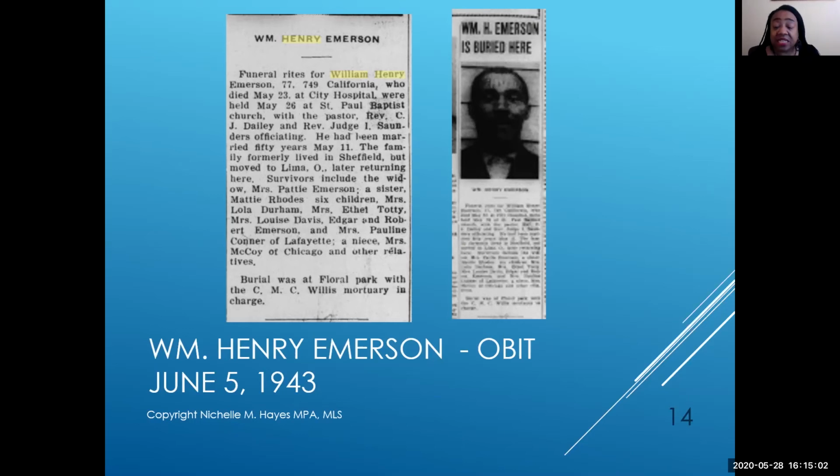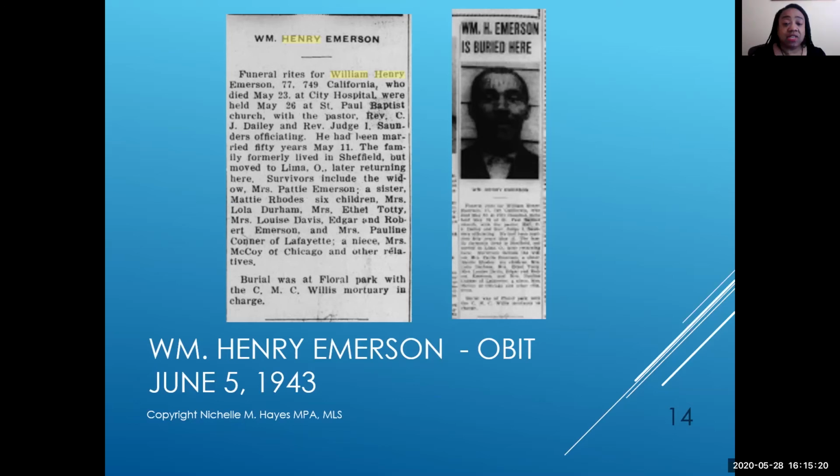He had lived in Ohio, the name of his sisters, his children, and his nieces, and his place of burial. So this one small article gave me a lot of information. So these are things that you can find in newspapers.